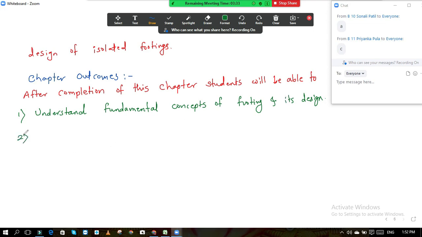Second, analyze the footing for dead load and live load combinations.